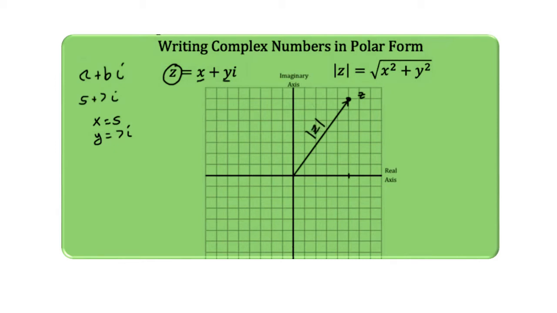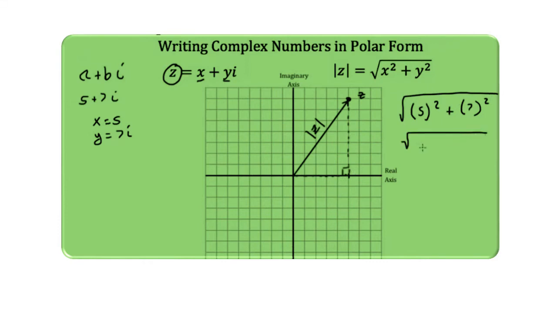Now if I want to find the absolute value of z, I can think of this kind of like a triangle, and then I can use the distance formula, or I can use the Pythagorean theorem because this is a right triangle. So I take my x part and I square it, and I add that to my imaginary part, or my y part, which is also squared, and I take the square root.